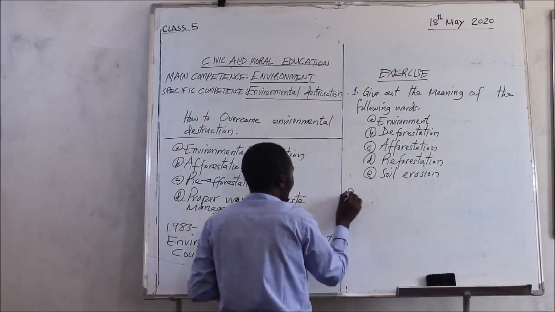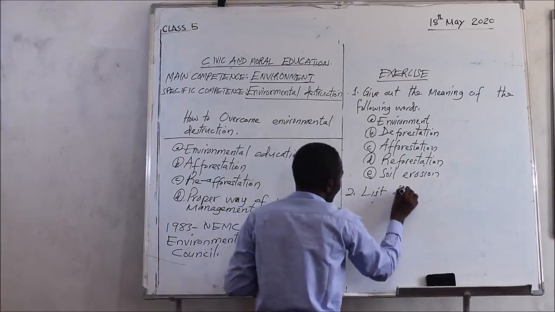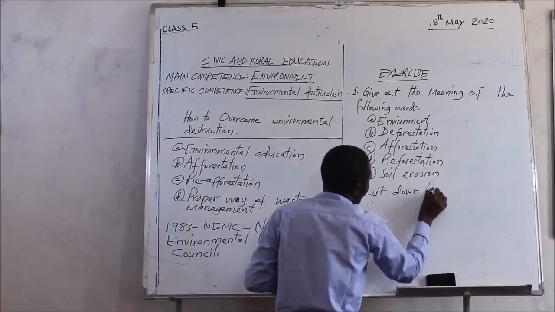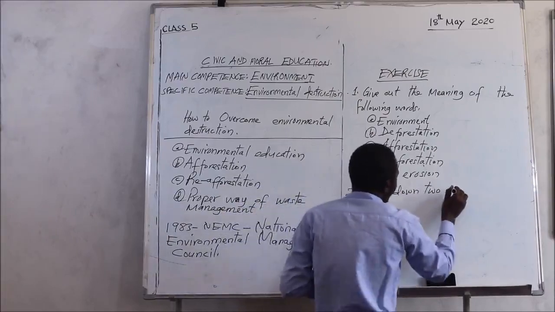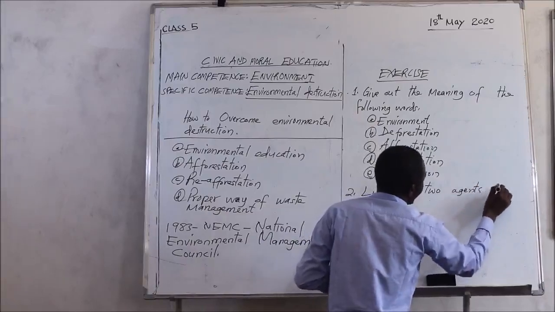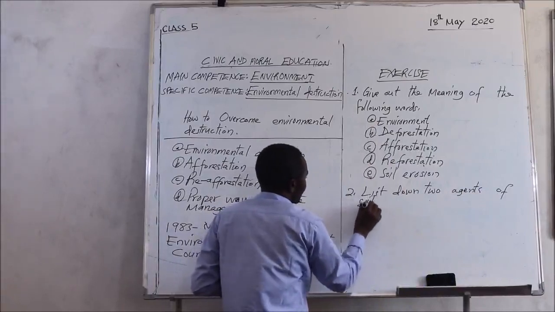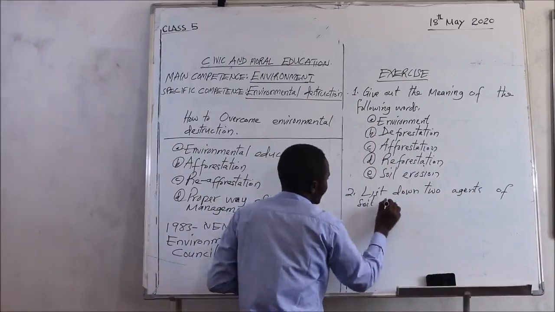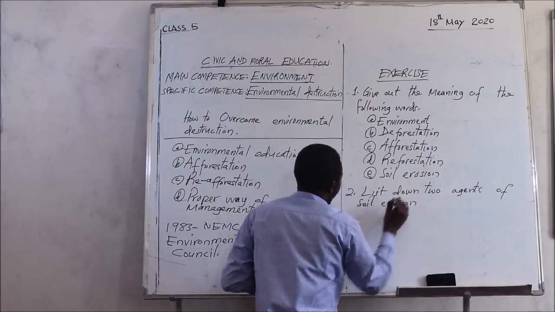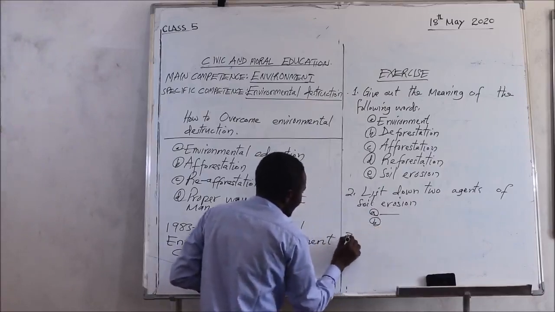Question number 2. List down 2 agents of soil erosion. Question number 3.